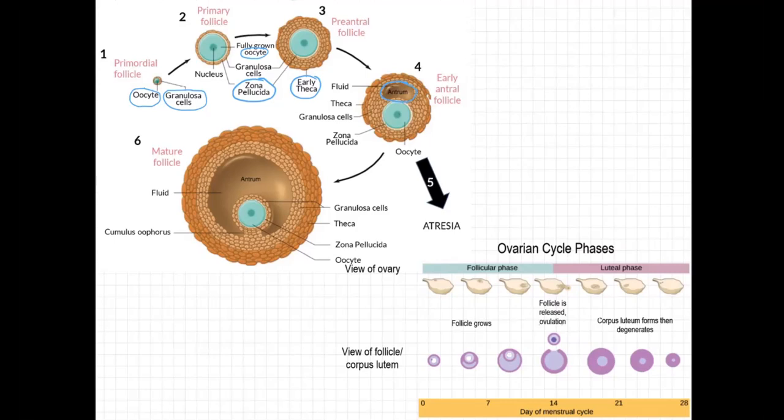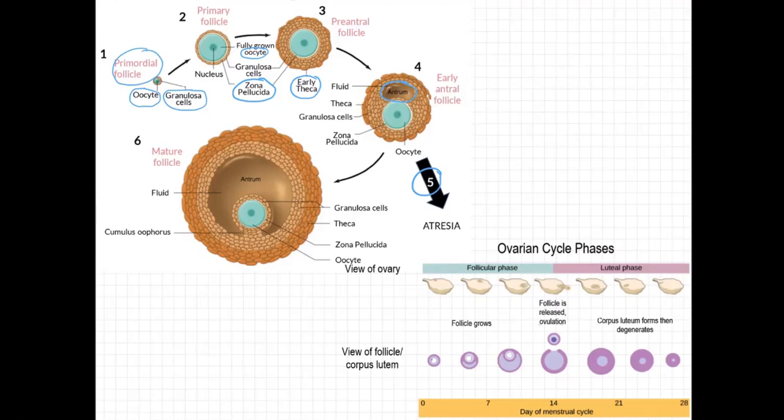All right, so stage 5 is this weird stage over here, which says atresia. Atresia is a type of apoptosis. At the beginning of every menstrual cycle, you actually get more than one of these primordial follicles being recruited and activated. You get around 10 to 25 of these primordial follicles being activated and undergoing steps 1 to 4.